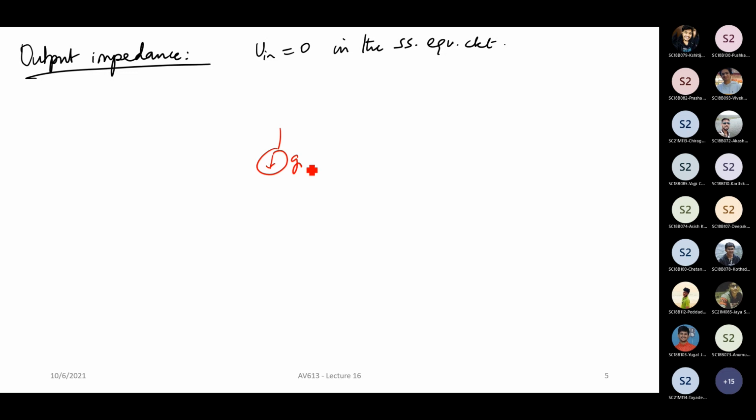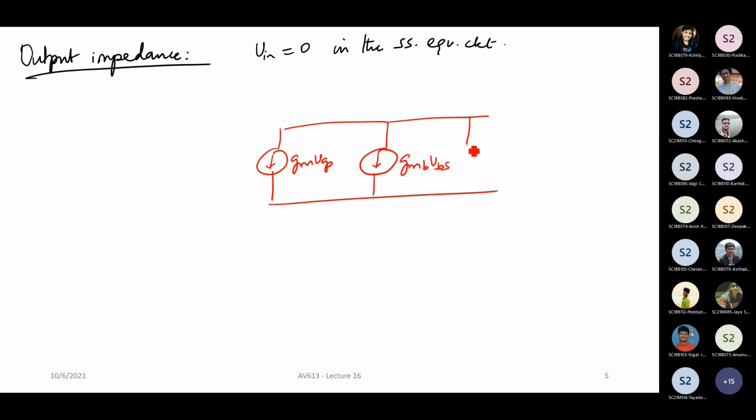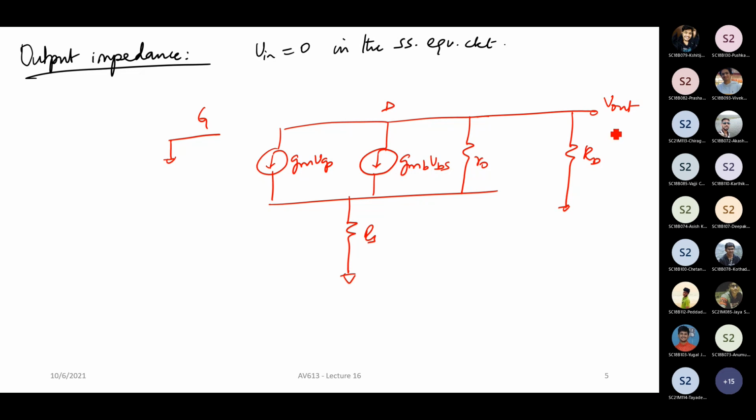You have your GM VGS and your GMB VBS, and you have your R0, you have RD to ground, this is your V out, gate is grounded, this is your drain, you have RS connected to ground. Now, what is the output impedance seen from here? Can you tell me?